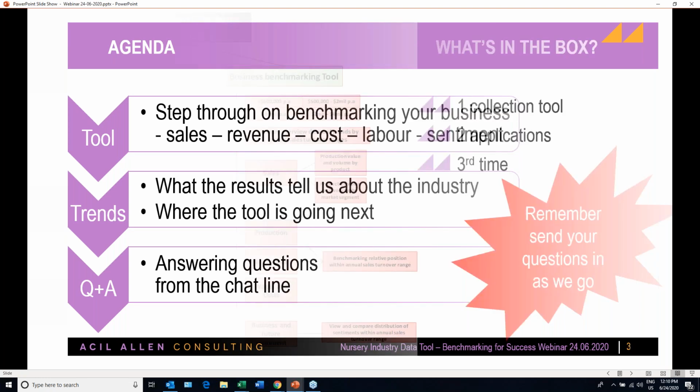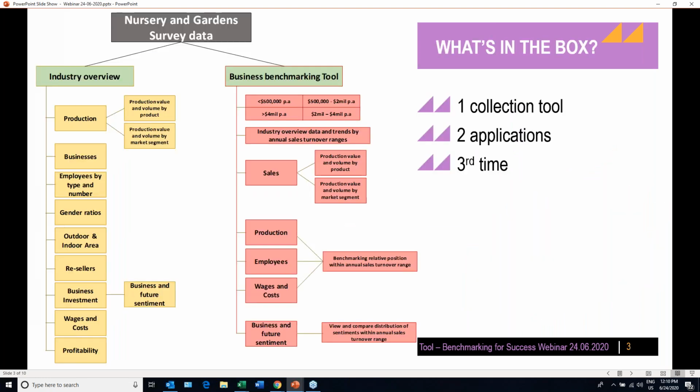So a bit of background to the tool. The tool is based on an Australia-wide survey questionnaire, and we got about 300 or so respondents. From all of that information, we are able to create two applications. The first one is, of course, the business benchmarking tool, which you will see.